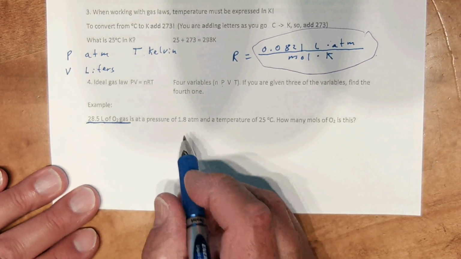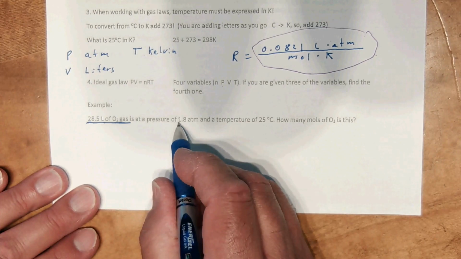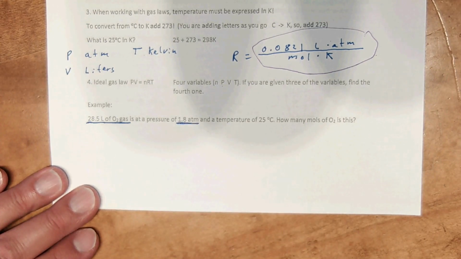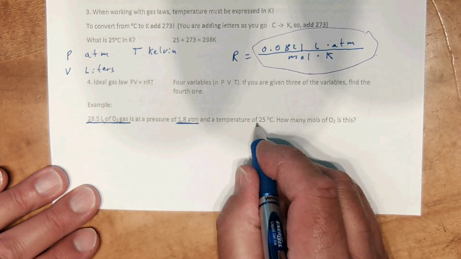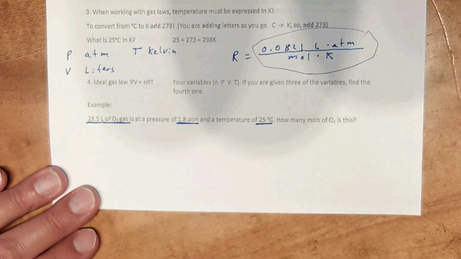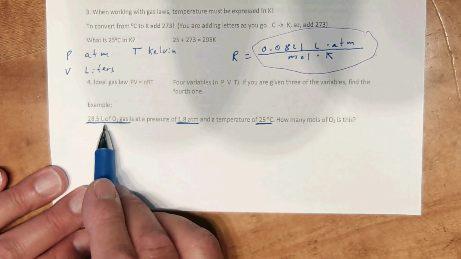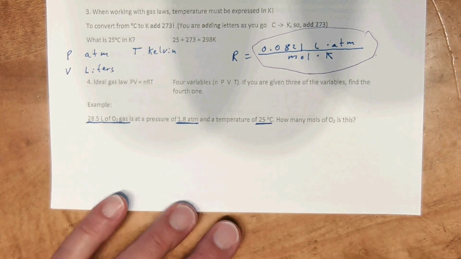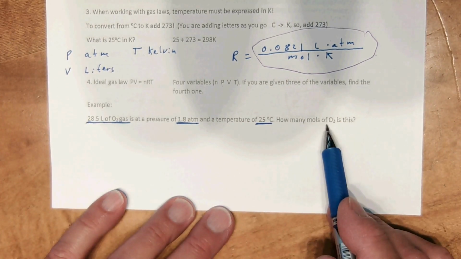And that gas happens to be at a pressure of 1.8 atmospheres and a temperature of 25 degrees. Hey, how much oxygen is that? Don't say, oh, it's 28.5 liters of oxygen. No. How much oxygen is it? That means how many moles of oxygen are there.